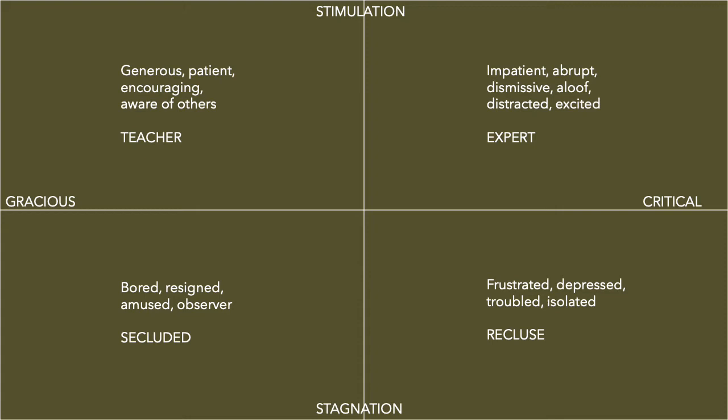On the bottom half, we've now got the side of Holmes that we see when he is stagnated in some way, when he is stuck or still. So on the right hand side, when he's feeling critical of both himself and others, this is where I've called Holmes a recluse. So a recluse is somebody who shuts themselves away.